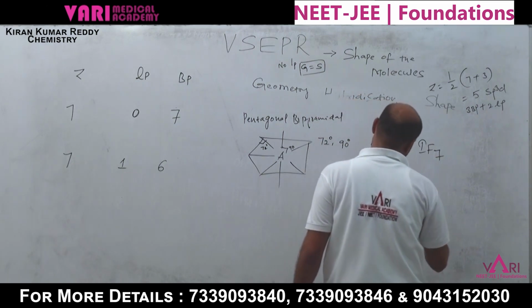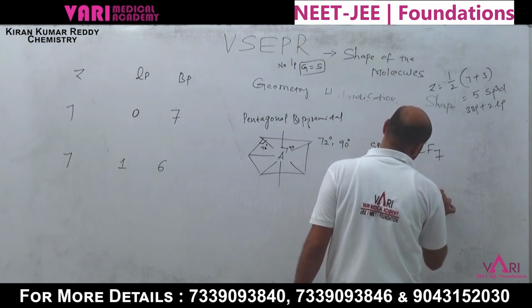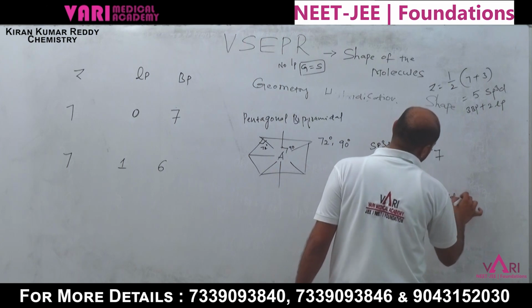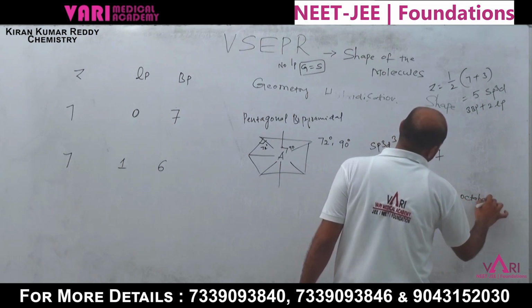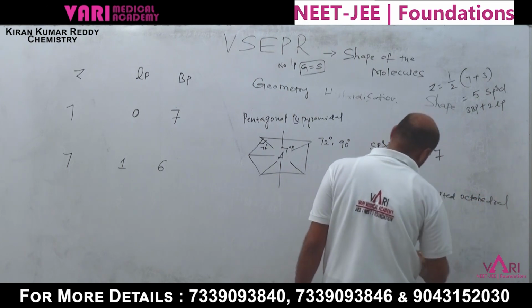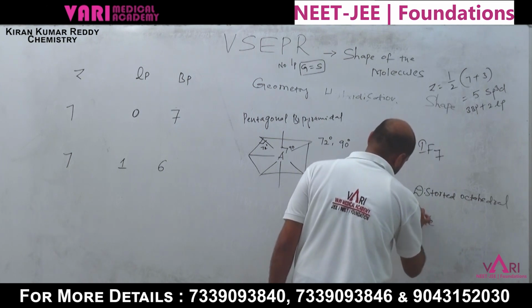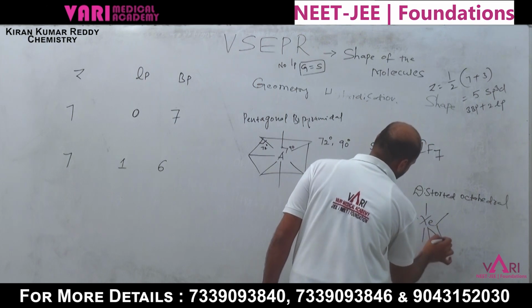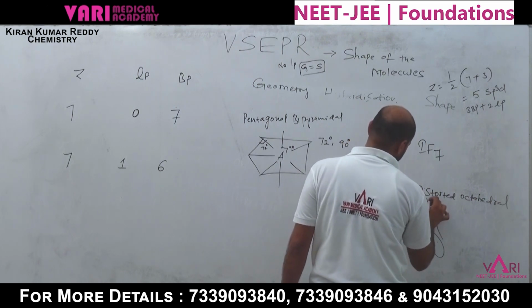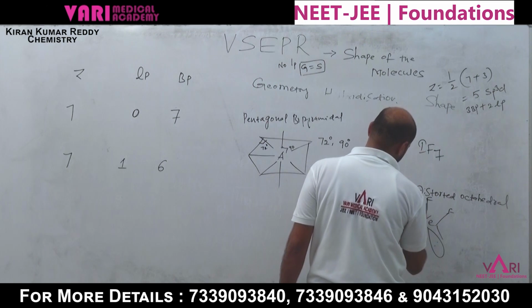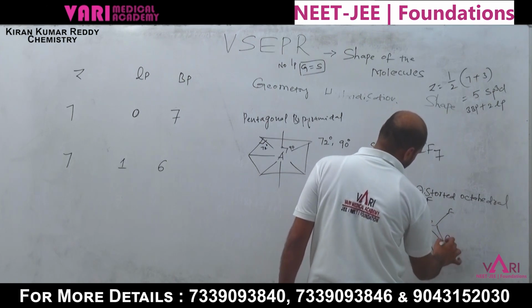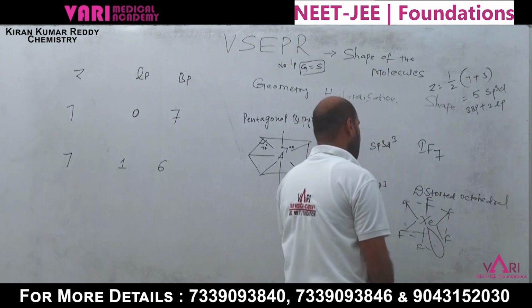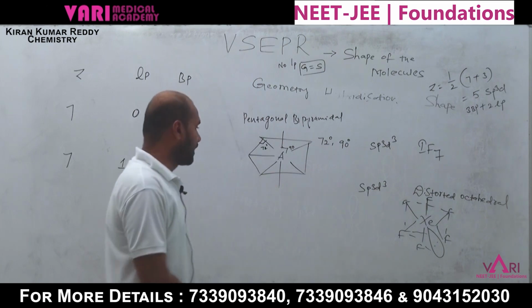Distorted octahedral, that is the shape of XeF6. We can write one lone pair here. Here is fluorine, here fluorine, here fluorine, here also fluorine, here also fluorine. We can write distorted octahedral.